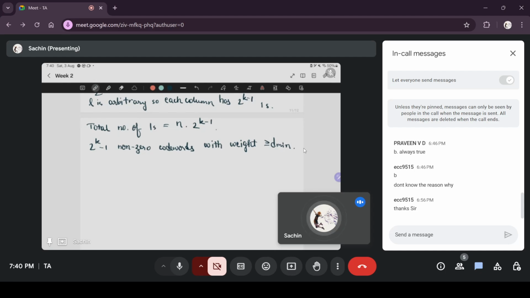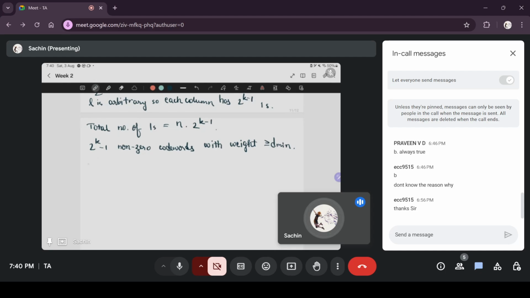So what does it mean by the weight is greater than or equal to d min? The weight is the number of ones in that code word. So the number of ones in each code word is greater than or equal to d minimum, right? And how many such code words are there? 2 power k minus 1 code words.